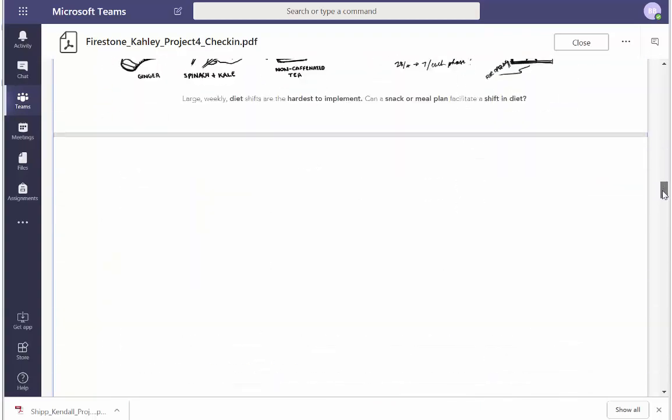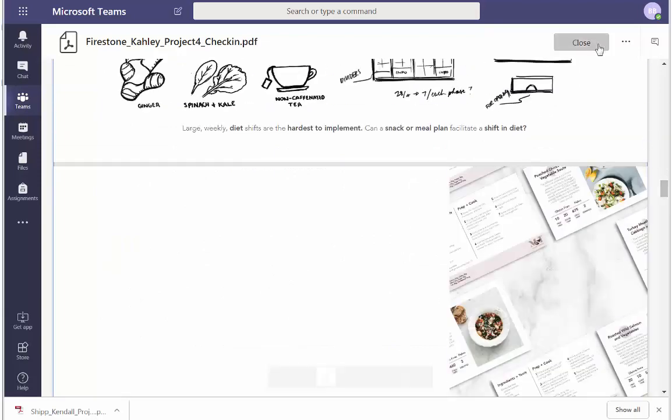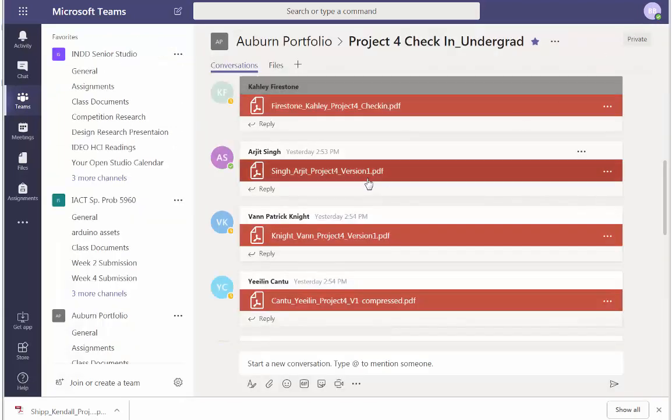Yep. Seen it, like it, print it. Good job.